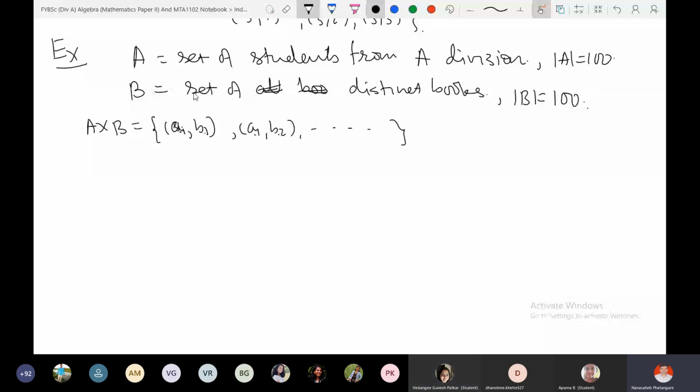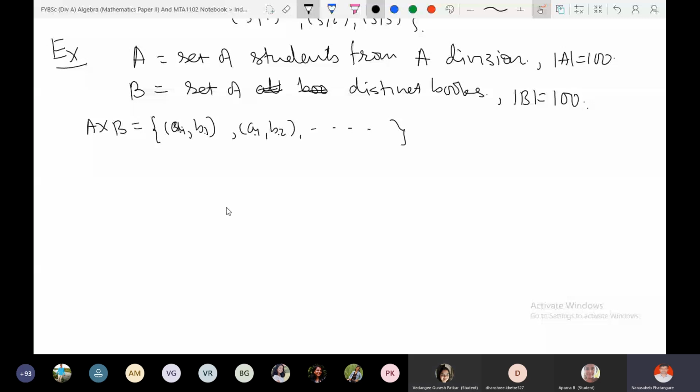Suppose there are 100 books in the library and there are 100 students. Not necessarily 100 books, but for simplicity, let us say this. A1 has access to each and every book. Similarly, A2 can access the second book and so on. So this is a pairing, and a student is paired with a book.